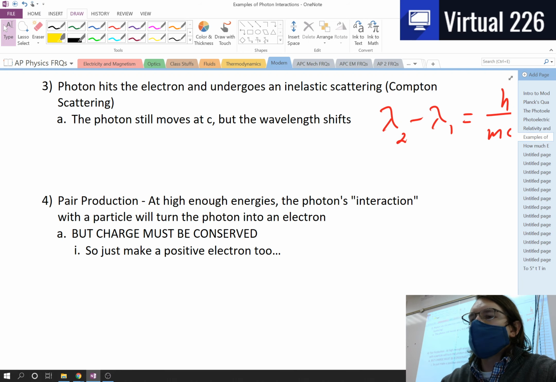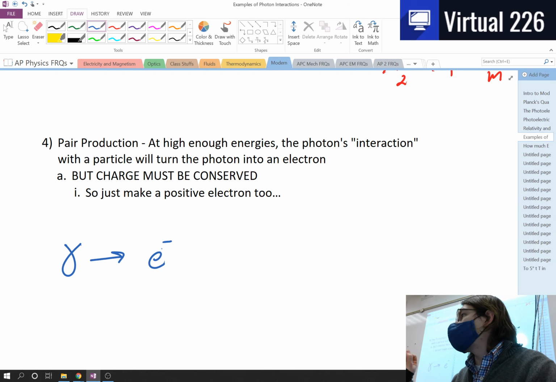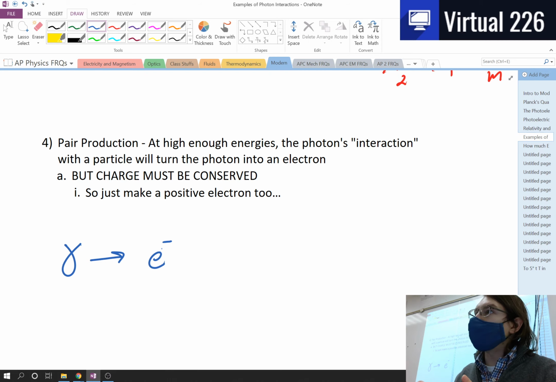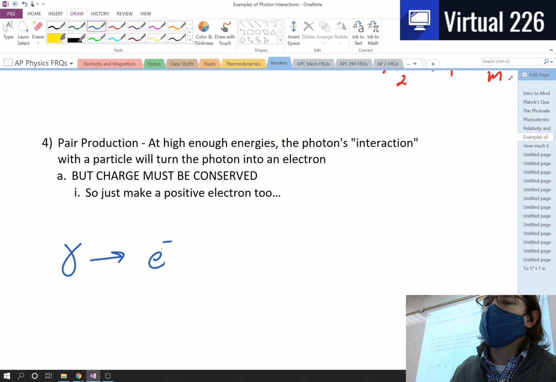That's right, light, which doesn't have mass, turns into something that does. And that's totally allowed, because remember Einstein, E equals mc squared. Or more formally, E squared equals the quantity mc squared squared plus the quantity pc squared. Okay? So we can do that. We can take energy, light, and turn it into mass. But there's an issue here.